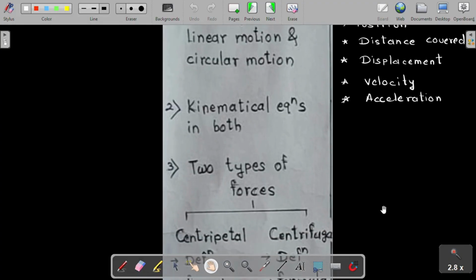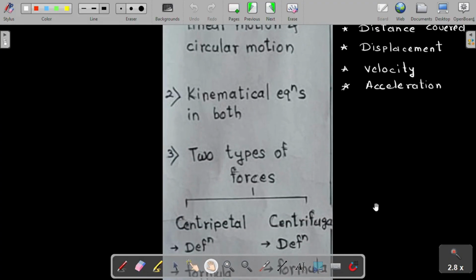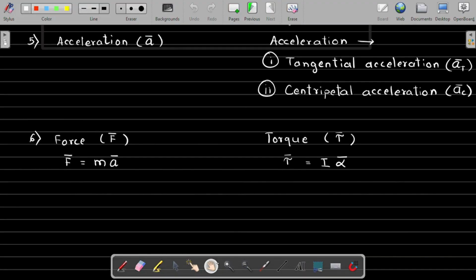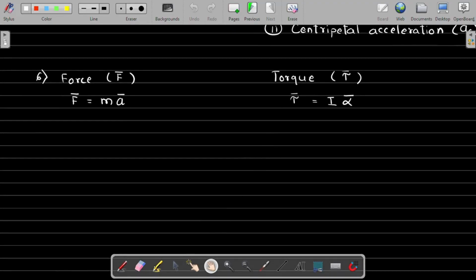the kinematical equations in both, how these are written in linear as well as in circular motion. So here I just give the heading, kinematical equations.